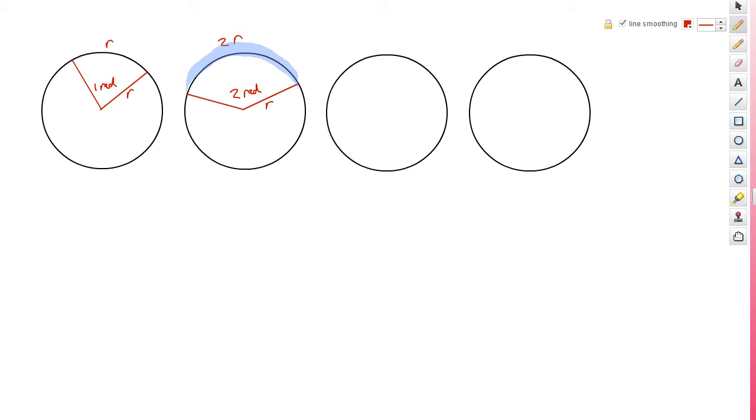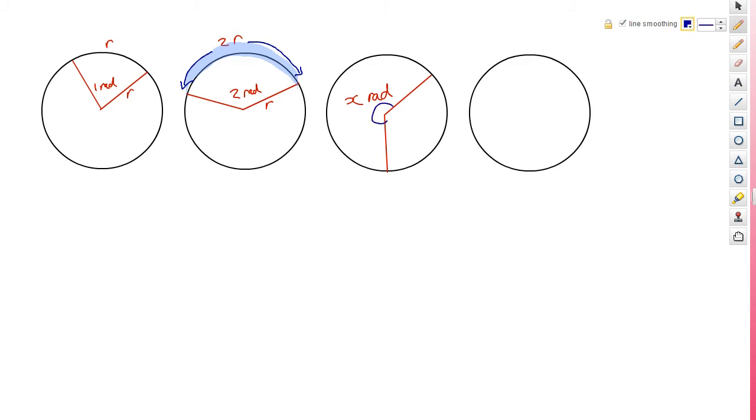We can generalise that. Instead of an arc length of 2r, we could look at an arc length of xr and an angle of x radians. So let's suppose we had an angle, somewhere over here. Let's have a really big angle, which is some unknown amount of radians, x radians. And that's the angle all the way around here.